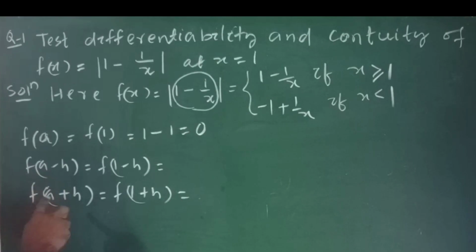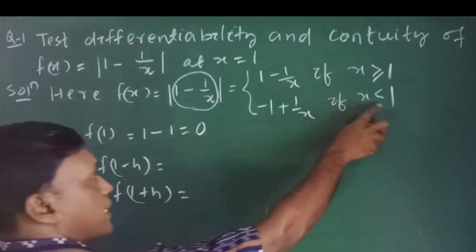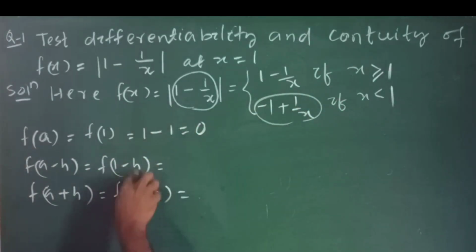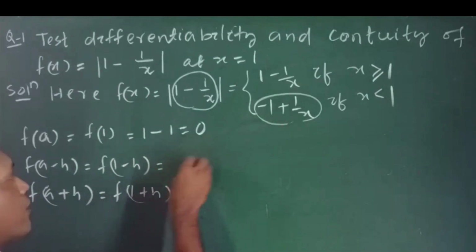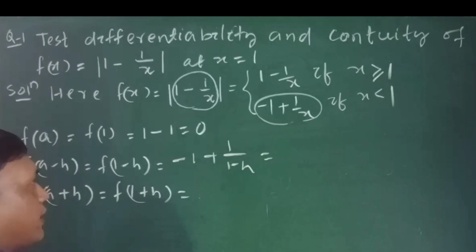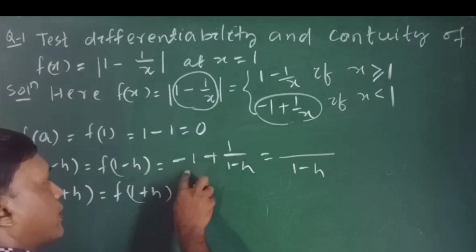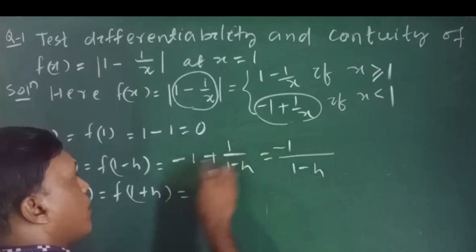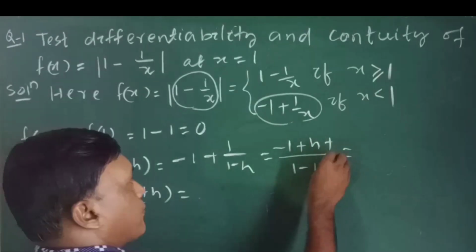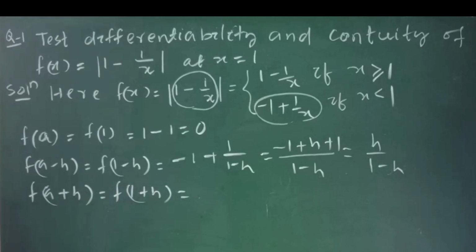Then f of a minus h, f of 1 minus h. 1 minus h means x less than 1. यहाँ से निकालेंगे. So f of 1 minus h, put x is equal to 1 minus h here: minus 1 plus 1 by 1 minus h, and यहाँ LCM जाएगा 1 minus h, यहाँ मल्टीप्लाई कर देने से minus 1 plus h plus 1, and this is h by 1 minus h, and f of 1 plus h.